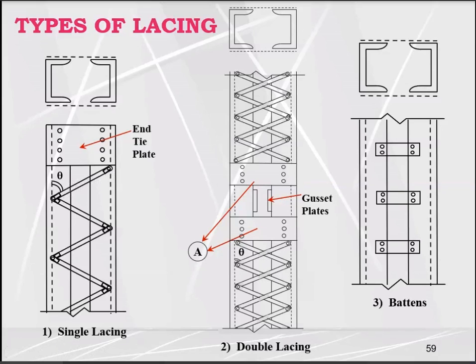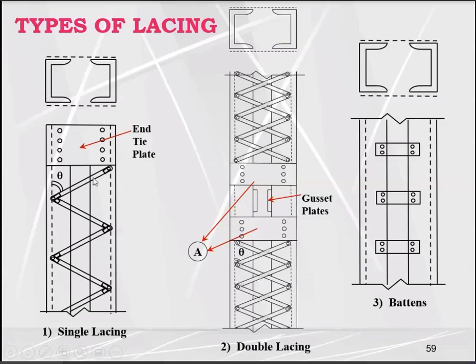So actually the strength of a steel member is minimum or less in compression as compared to the tension. It means that we will only design this lacing for compression. So if the design is okay for the compression, capacity in tension will also be larger.